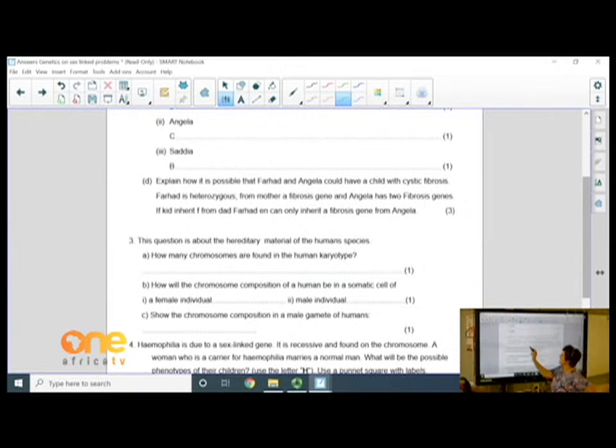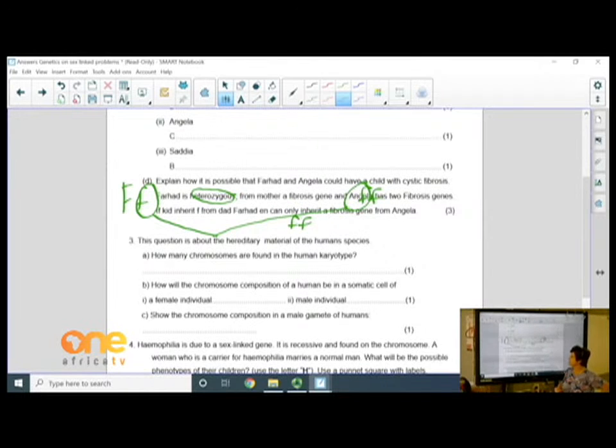Again, we said Farad is heterozygous, so Farad looks like this. Angela looks like this. If a kid inherits from Farad's sperm that F, from Angela, the only possibility will be to inherit a recessive F. Their children will have a possibility.